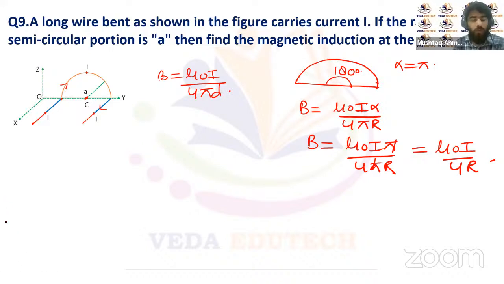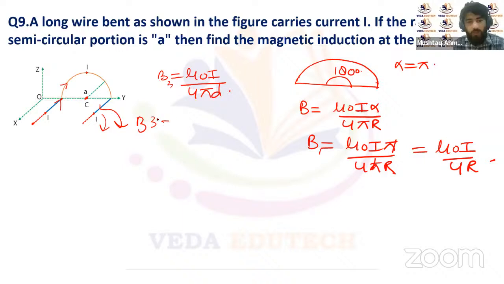You point the thumb along the direction of this wire, then the direction of the palm will give us the direction of the magnetic field at the center of this coil. Similarly for this second wire also, if we direct the thumb of our right hand along the direction of the current, then the direction of the palm will give us the direction of the magnetic field at the center C. Let's suppose this is B1, this is B2, and this is B3.